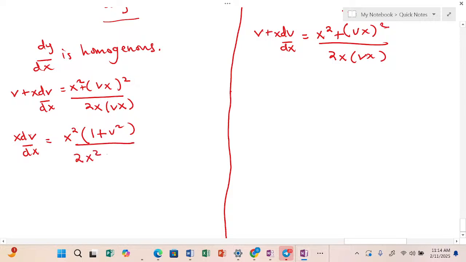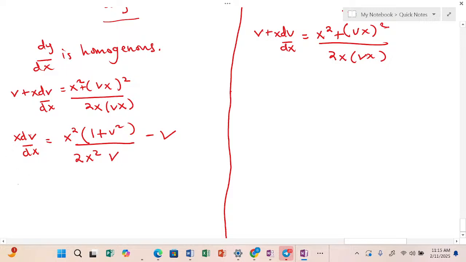2x squared multiplying v, minus v. Remember, we transpose v from this side to the right hand side, so we get minus v.